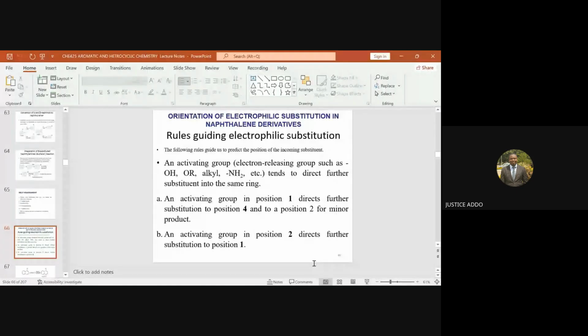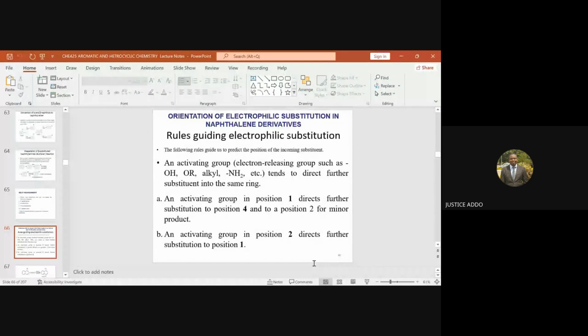So we were able to classify these groups as electron donating groups and electron withdrawing groups. We indicated that the electron donating groups, because they are pushing electrons into the ring system, are said to be ring activators. They are activating groups. They make the ring more electron rich because they release electrons into the ring system.